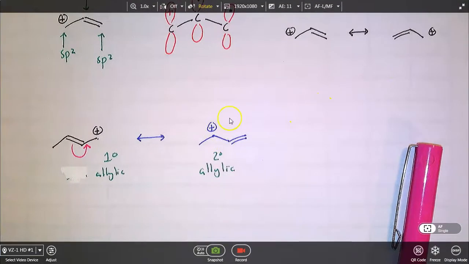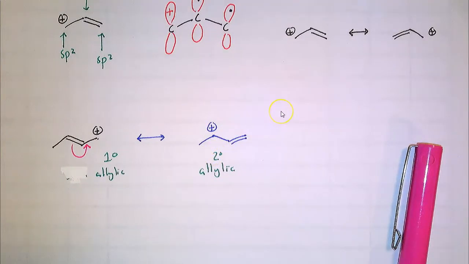Even though we could draw the line structure, these actually aren't isolatable, which is kind of strange to think about, because when we do reactions much later with allylic carbocations, we are going to get products. They do exist, but not in this form.